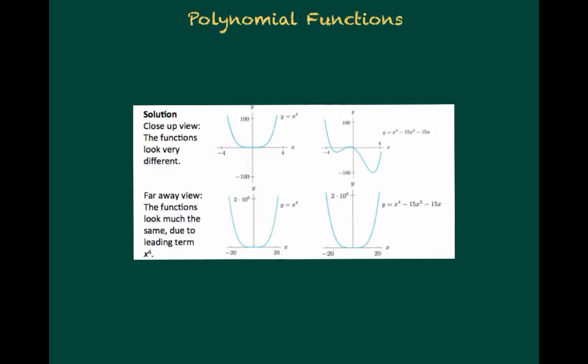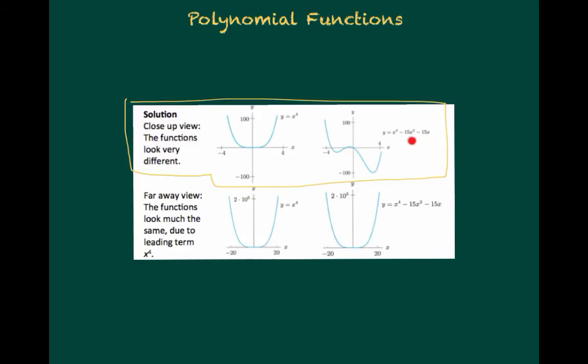Okay, you should have seen something like this, that when we're looking close up at the two, the picture looks very similar to the top here. We see that y equals x to the fourth, that power function, is just our parabola, a little bit wider than x squared, but looks very similar. Whereas the second function, x to the fourth minus 15x squared minus 15x, has these bumps in it.